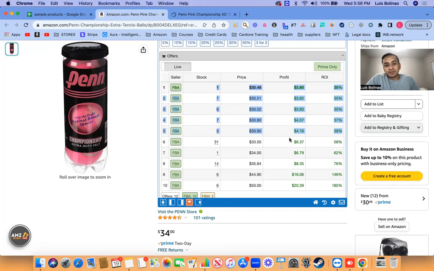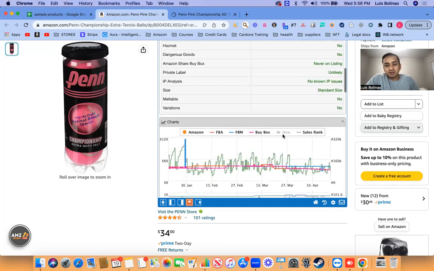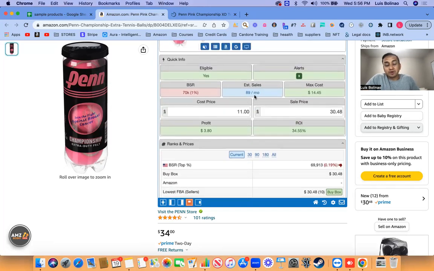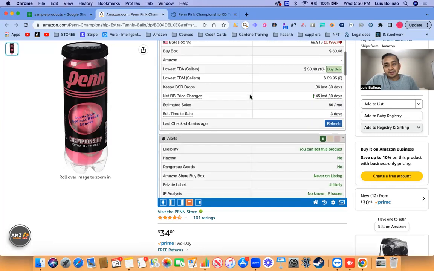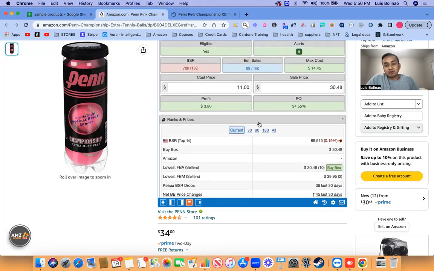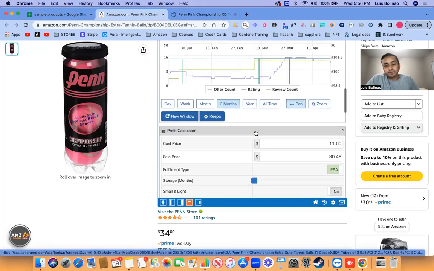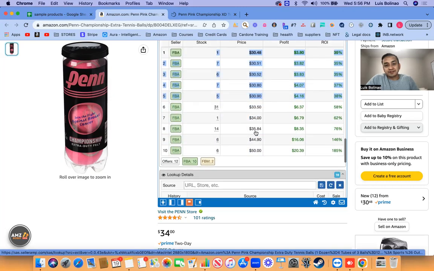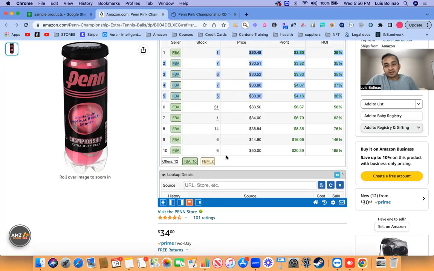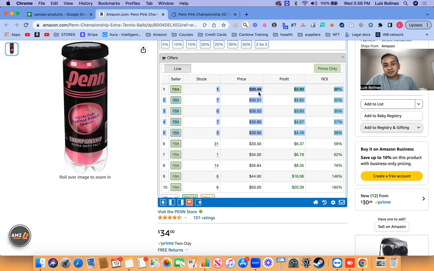So I guess you guys tell me, would you guys do this product? 89 sales a month, about 34% ROI, and you're sharing sales with these other sellers, but only these first 5 are your true competition. So would you guys do it?